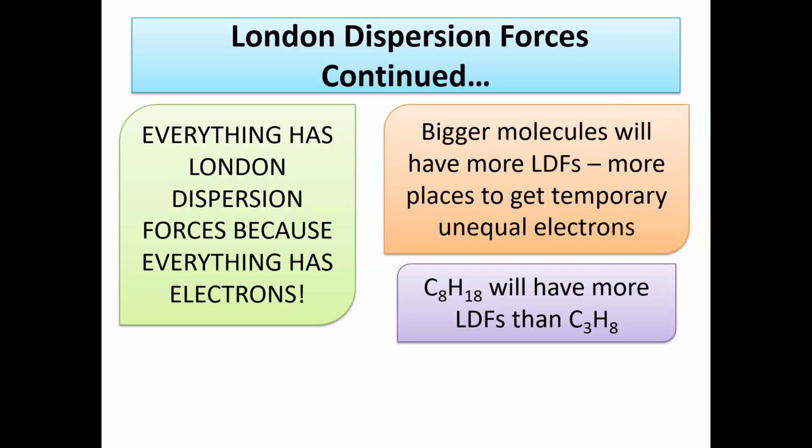Now, in real life, this is pretty tricky to measure because you have to take into account the surface area of the molecule as well as what we call the polarizability, which is how easily the electrons can be moved around. Now, that's not something that we can easily predict at our level of chemistry.